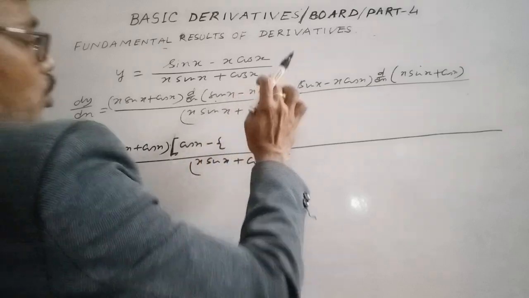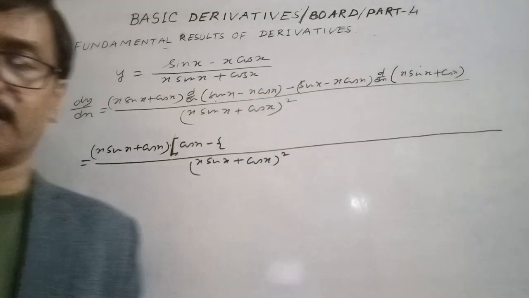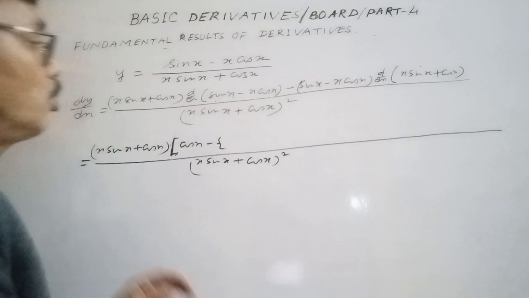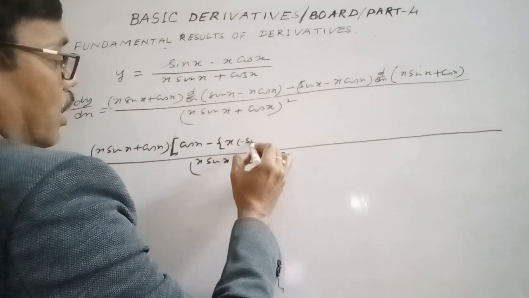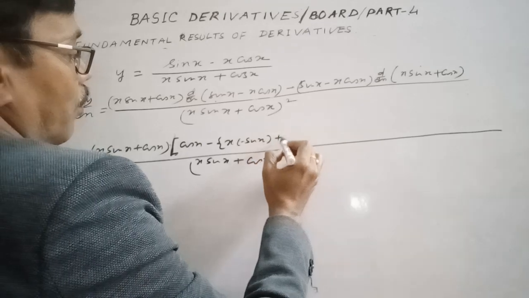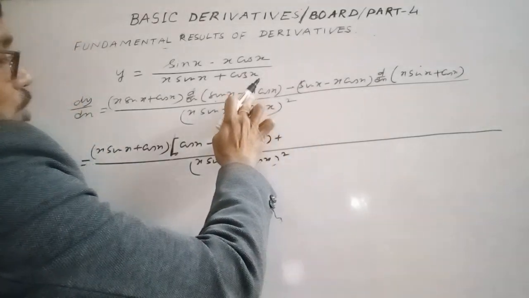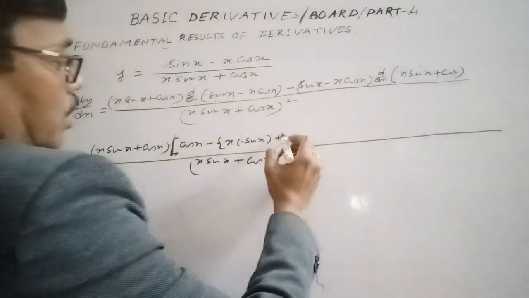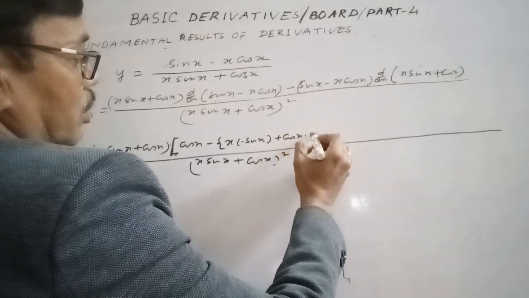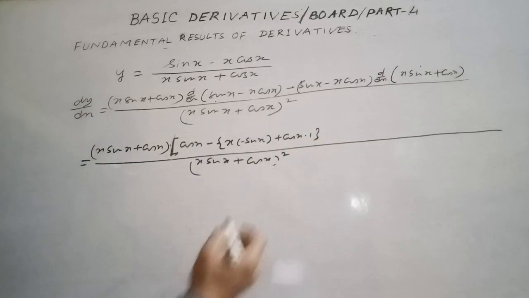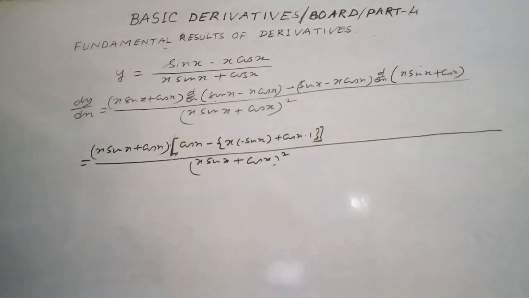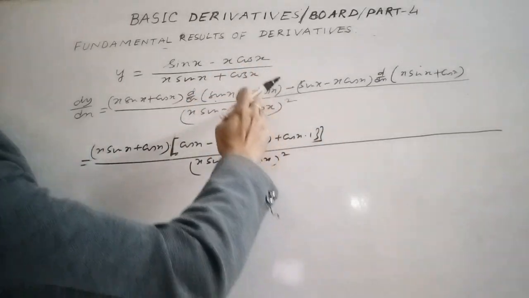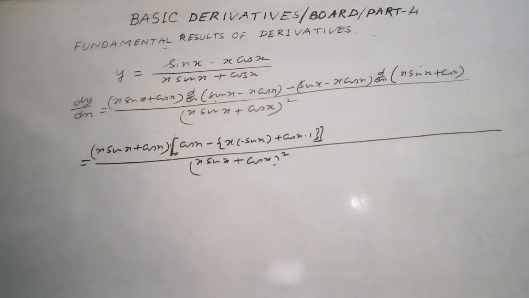And for x cos x, you have to use product rule. Mind it, x into minus sin x plus x unchanged, derivative of cos x is minus sin x, cos x into 1. So this is derivative of this one. Mind it, x cos x, here product rule is used.